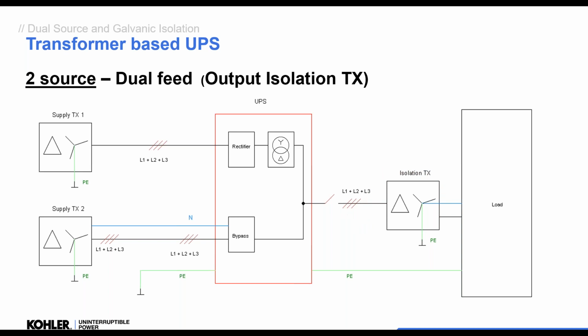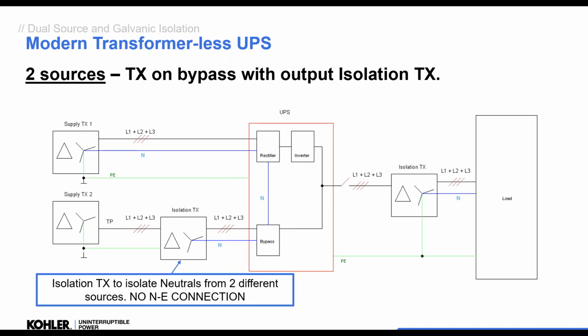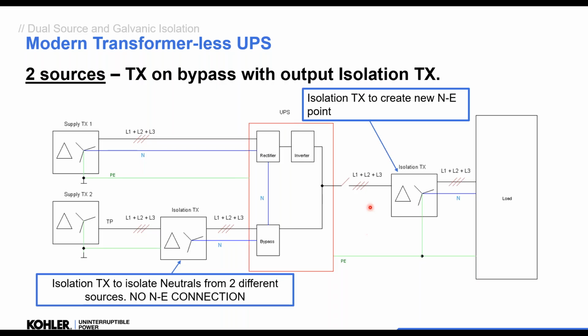All right. Now with a transformerless UPS, we've got the dual supplies, so we have to isolate those 2 supply neutrals. So this isolation transformer is connected to the neutral, okay, through the UPS. It's not connected to earth. And then to create the galvanic isolation, we have the output transformer, okay. Now that creates the new neutral earth.